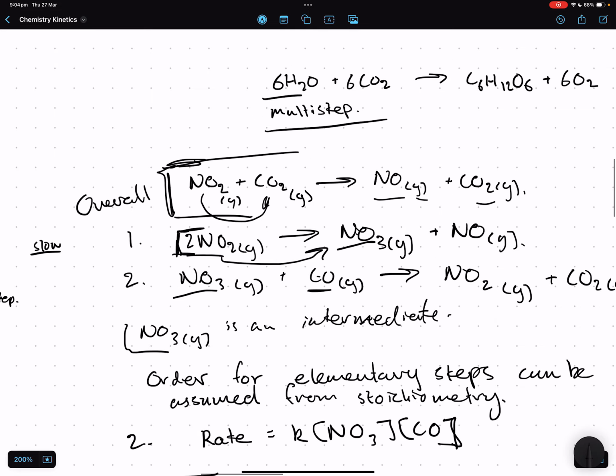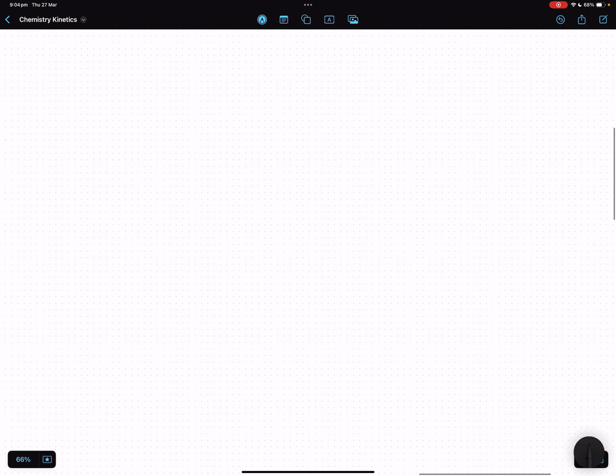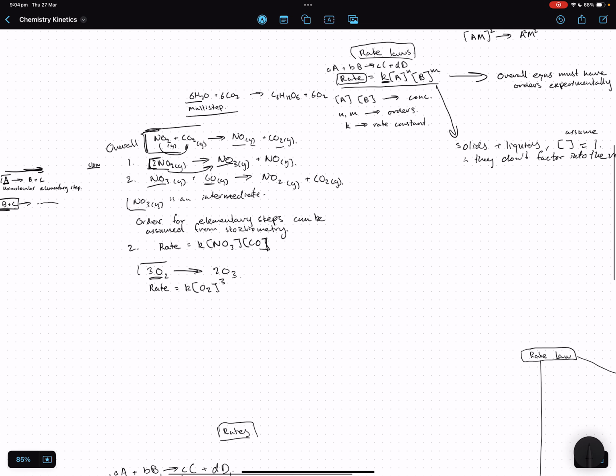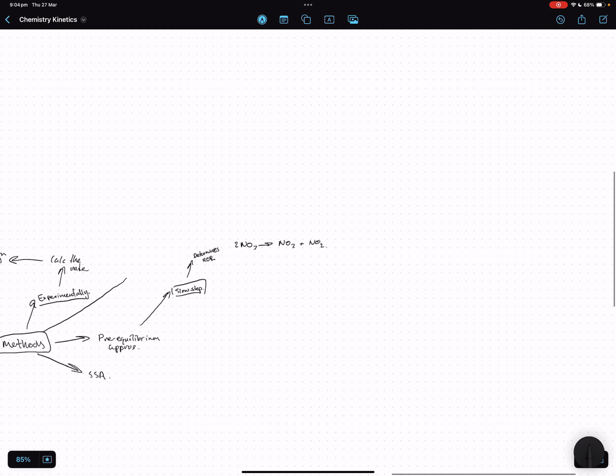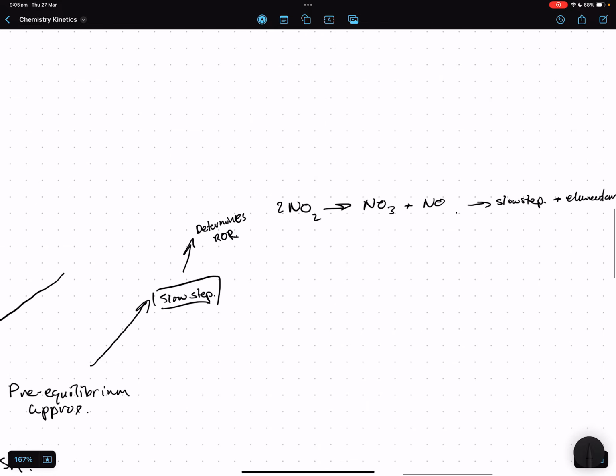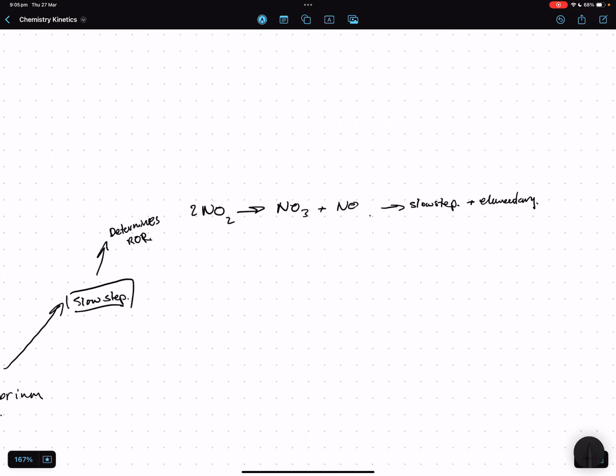So let's write that out. 2NO2 turns into NO3 and NO. So if you have this, and this is the slow step, and it's elementary, because the slow step determines the rate of reaction, you can't go faster than the slow step.